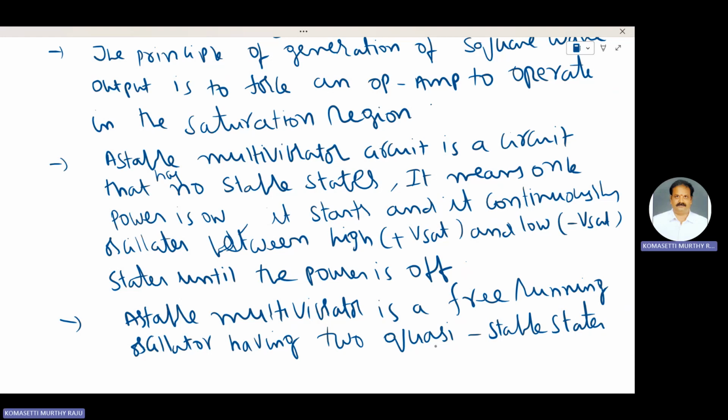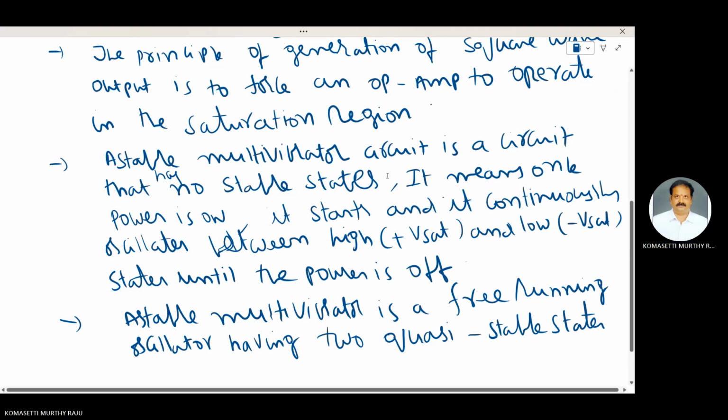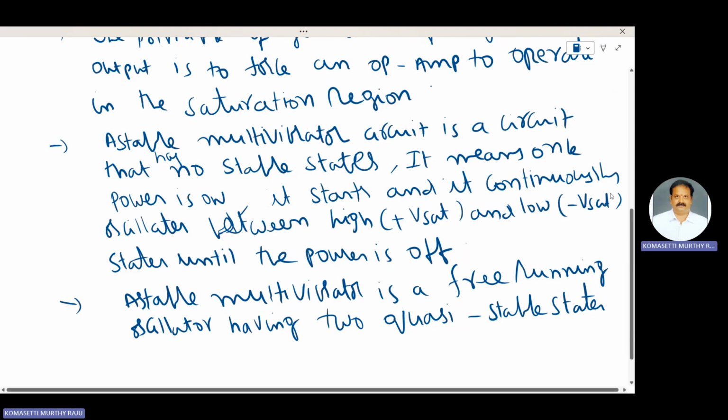Quasi means not permanent. It continuously switches between the states. It has no stable states. It means once power is on, it starts and continuously oscillates between high, that means plus Vsat, and low, minus Vsat, until the power is off. That is called quasi.